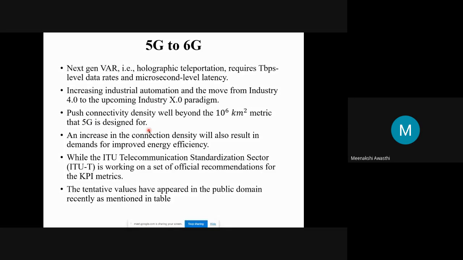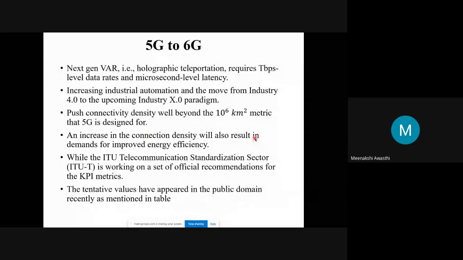So the push connectivity will be beyond 10⁶ per square kilometer. An increase in connection density will also result in demand for improved energy efficiency.